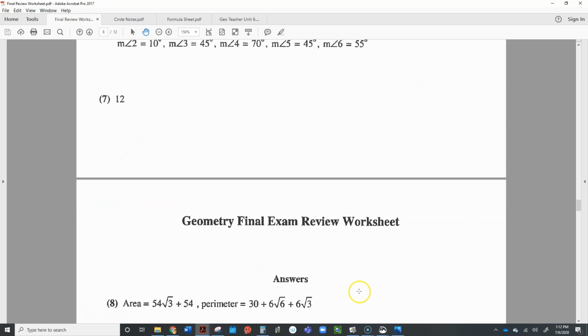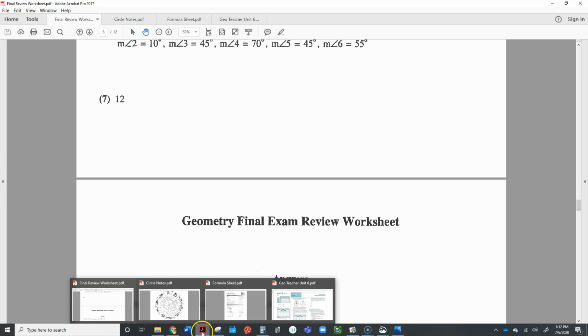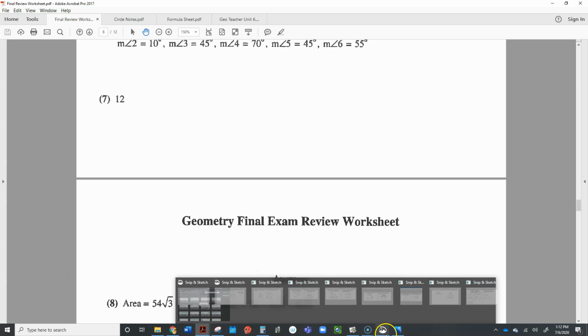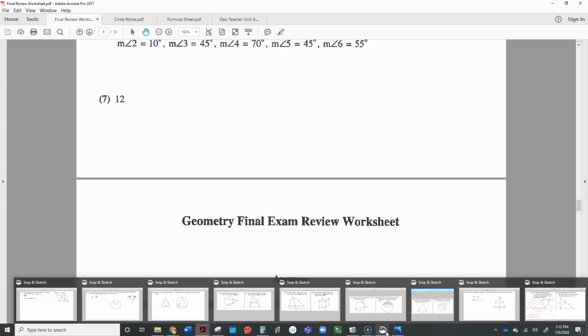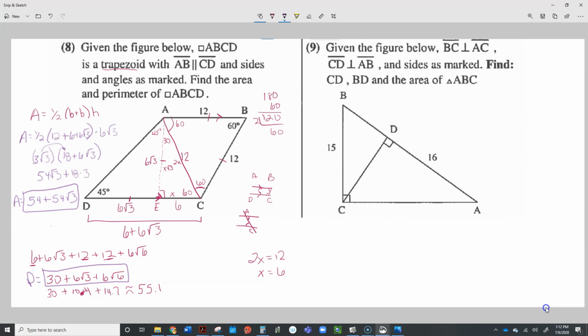Area right there. So, yes, you should leave it in exact form until the very end, and then you should change it to a decimal only if the multiple choice problems are in decimals. If this was a multiple choice question, we would be able to see exactly what we want. Very involved.